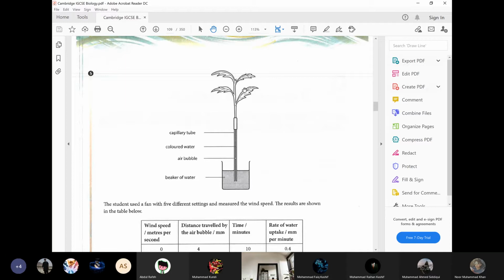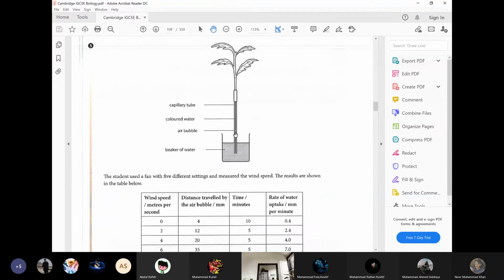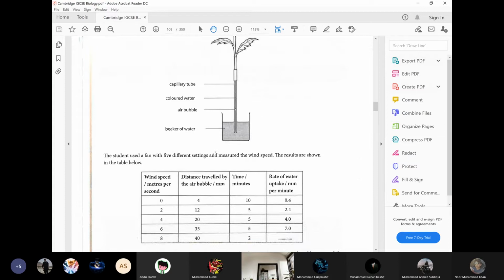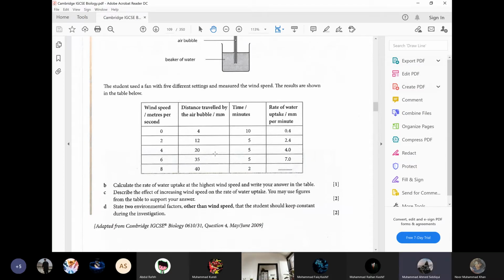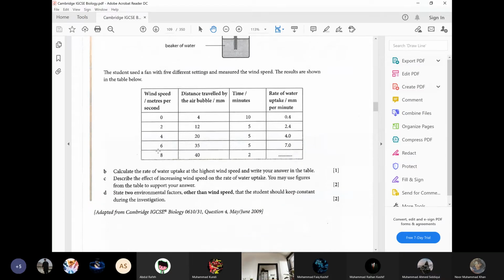When the water evaporates from the leaves, this bubble will move upward. The upward movement of the bubble shows that transpiration is taking place and water is being taken up. All right.